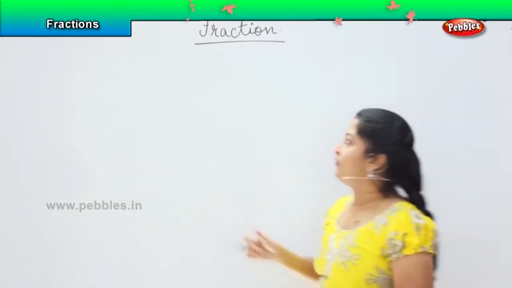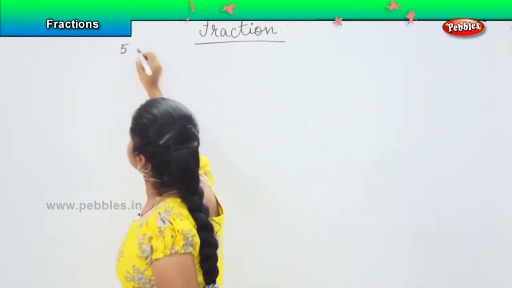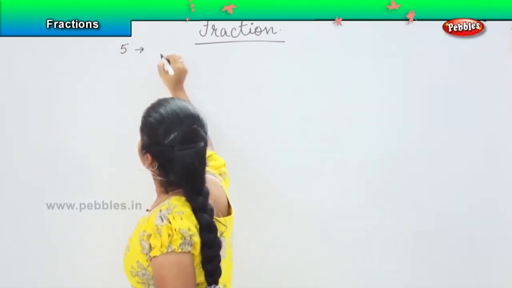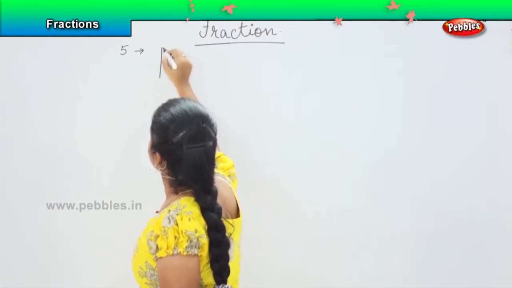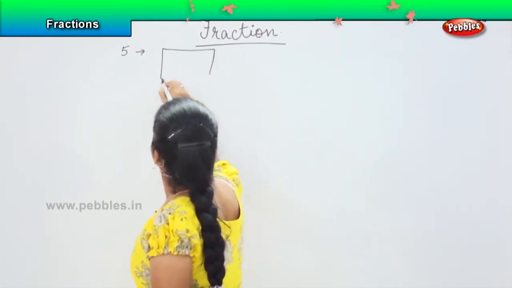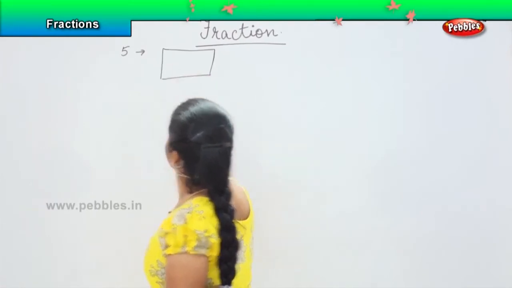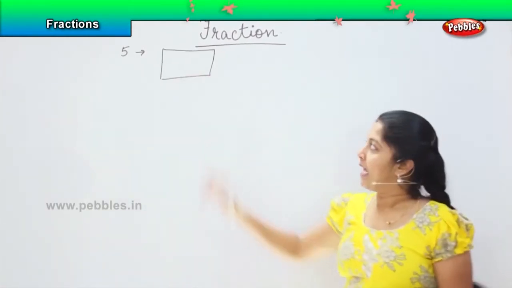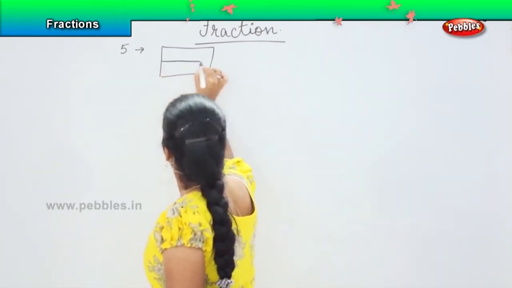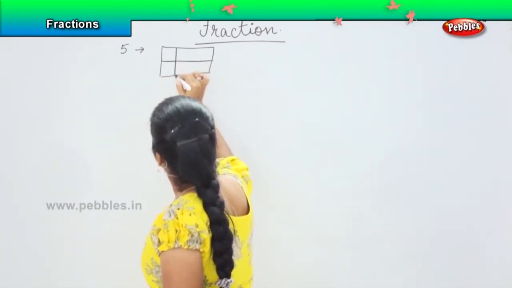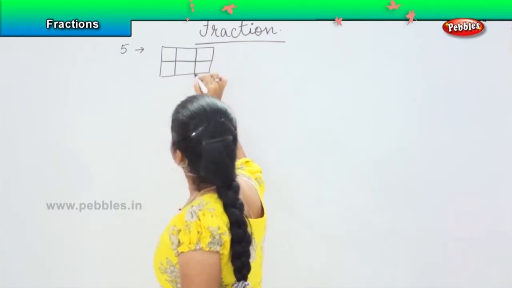Say for example, if I have got 5 friends, okay, so there is a rectangle and you need to make 5 parts of it. So what will you do? First, we will be dividing the rectangle, right?